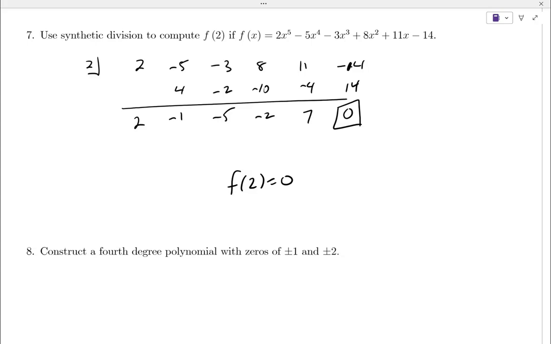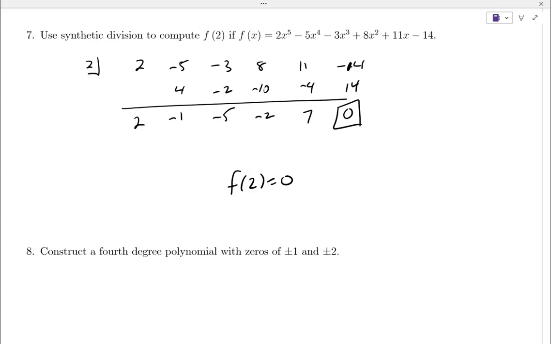Talked about this last time. Think about if you set it equal to 0 and you factored it, how would you have gotten a 2? What would you have had to have seen as the factor? X minus 2, right? So when something is a 0, x minus that number has to be a factor, right? Okay.